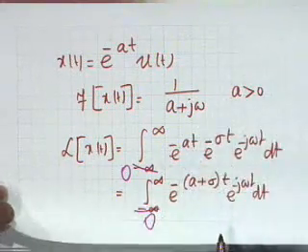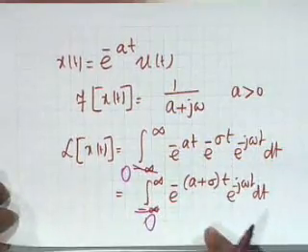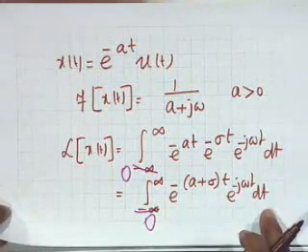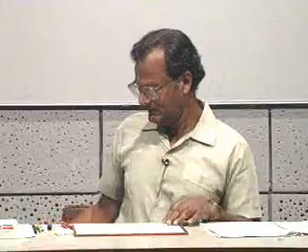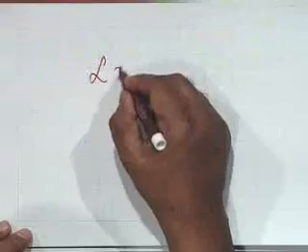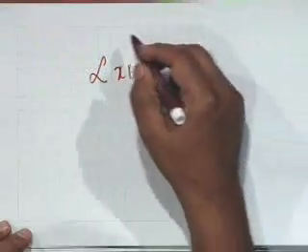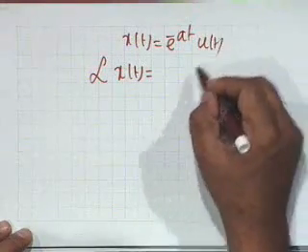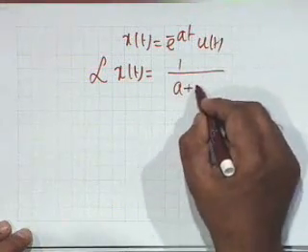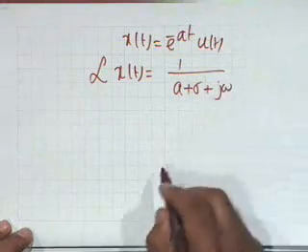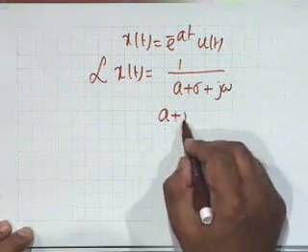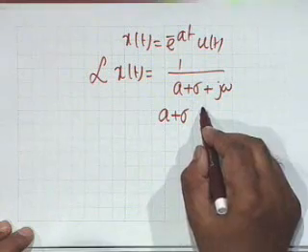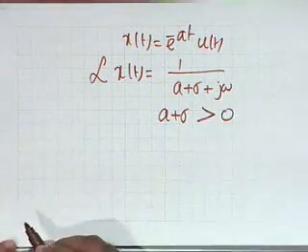Exactly in a similar manner as in the Fourier transform case, we can evaluate this integral: the Laplace transform of e to the minus at u of t is 1 by a plus sigma plus j omega, provided a plus sigma is greater than 0.